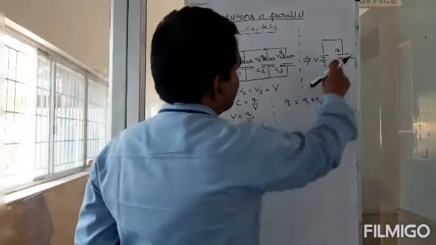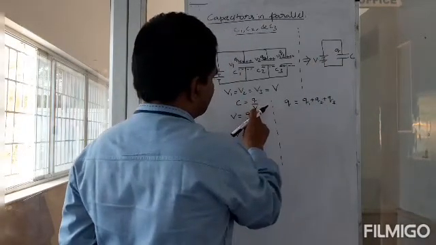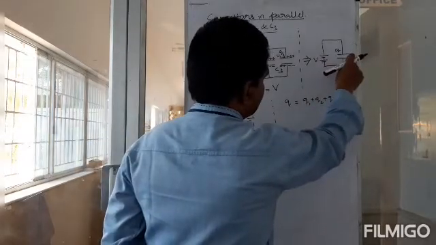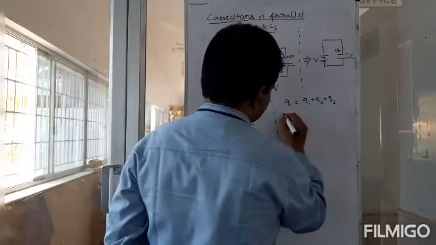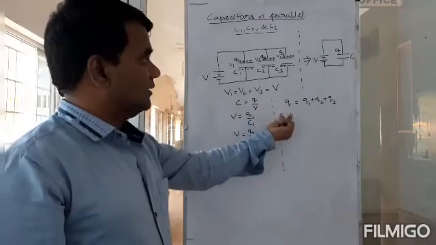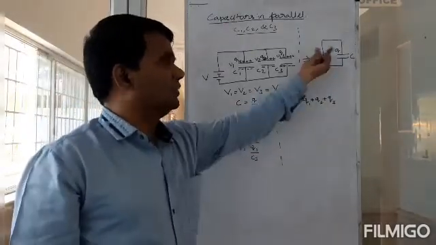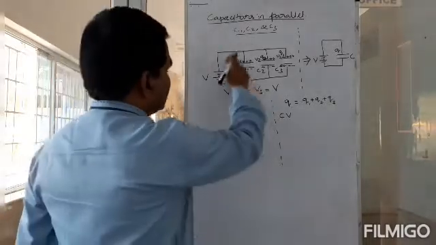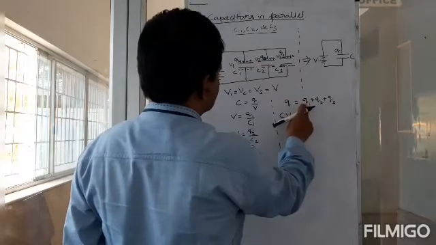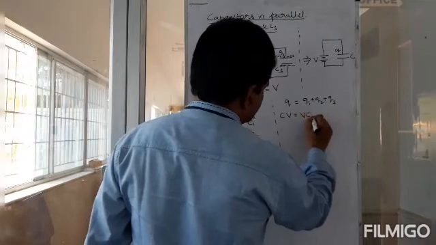Then what is Q? We know that C is equal to Q by V, so Q will be equal to CV. So Q is equal to C into V. That's effective capacitance into the whole input voltage will be equal to the total charge there. And that is also equal to Q1. What is Q1? Q1 is going to be equal to V into C1.